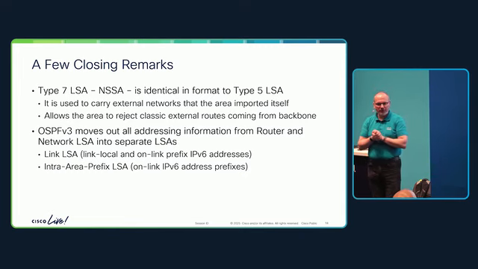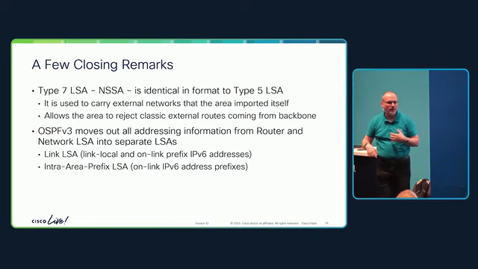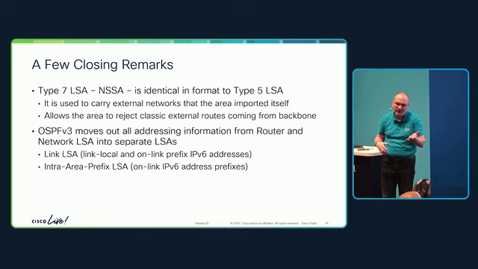Because it would not be possible to tell apart my own external networks from the backbone's external networks, we simply advertise them in a different LSA type. But if you looked at it, the format bit by bit is identical. So that's what type 7 is used for, the so-called NSSA area types.